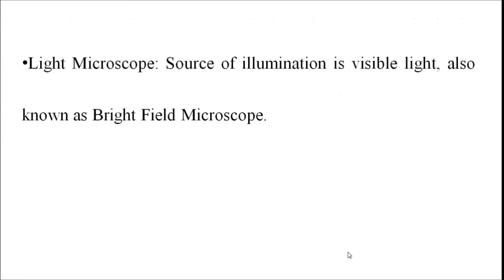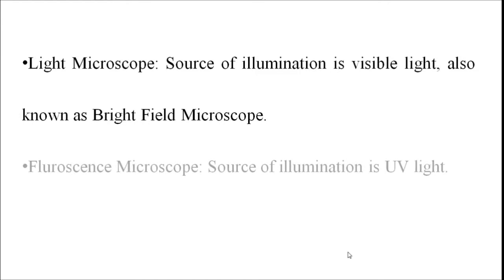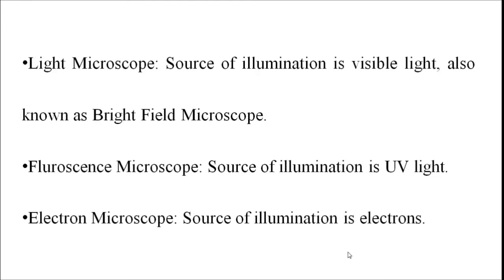Light microscopes are those in which the source of illumination is visible light, and they are also known as bright field microscopes. Fluorescence microscopes are those where the source of illumination is UV light. In the electron microscope, the source of illumination is electrons.